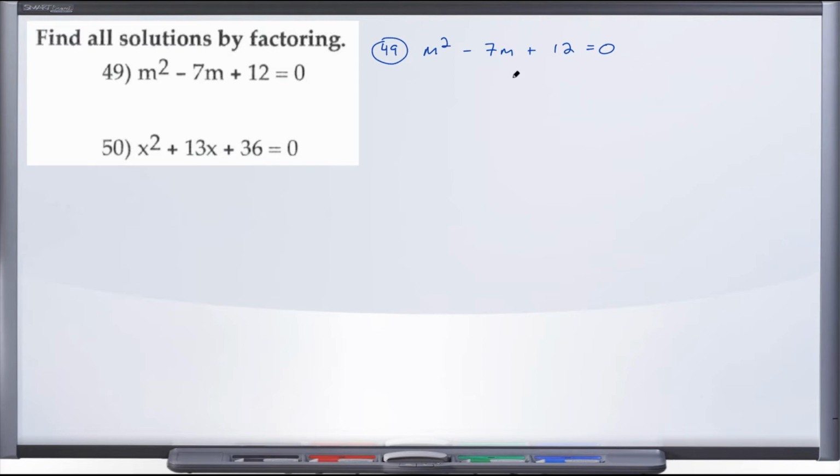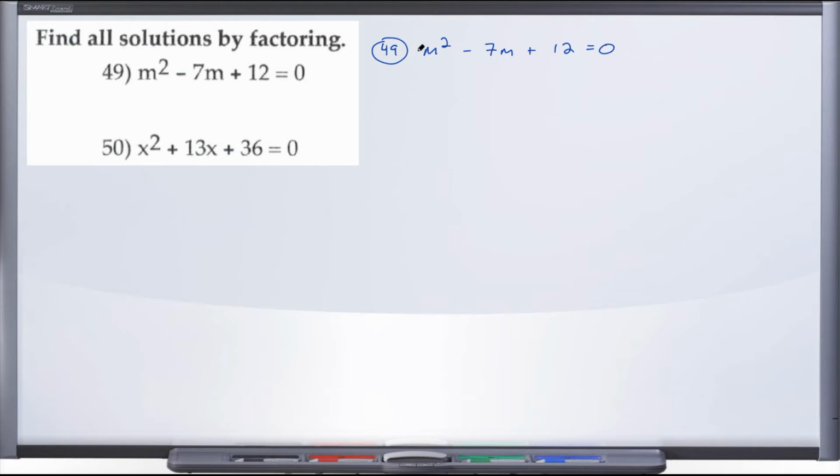Now we want to go through and ask ourselves those two questions that we were doing for most of the practice test. Is there a GCF here in this trinomial on the left-hand side? Nope, I don't see one. So question number 2, how many terms? Well, 1, 2, 3. With 3 terms, we know we're either going to be using the scissors method or the AC method or trial and error method.